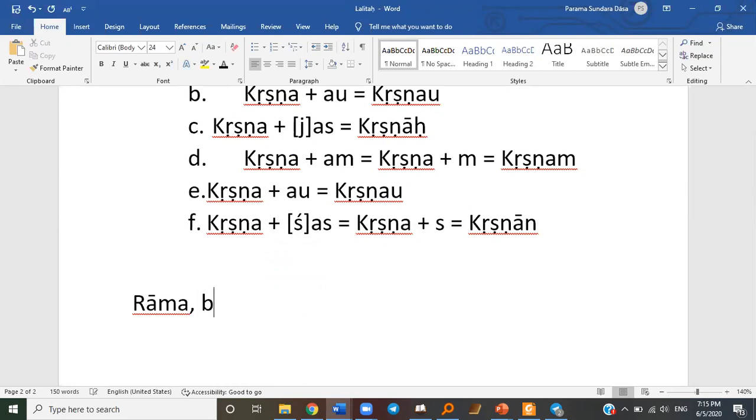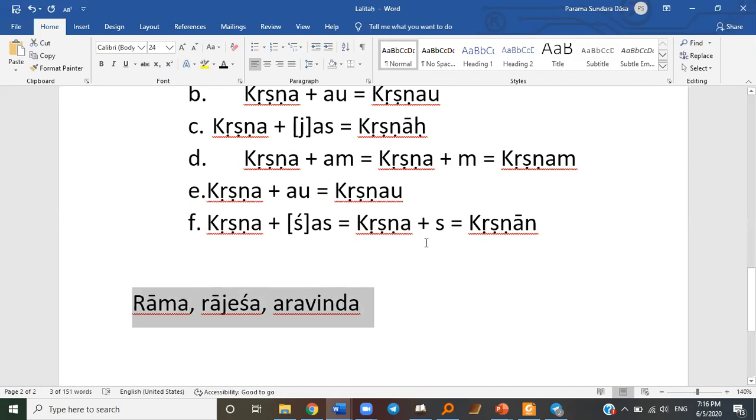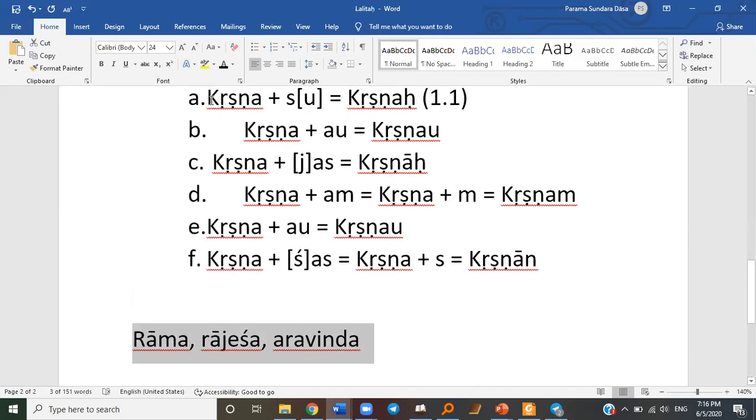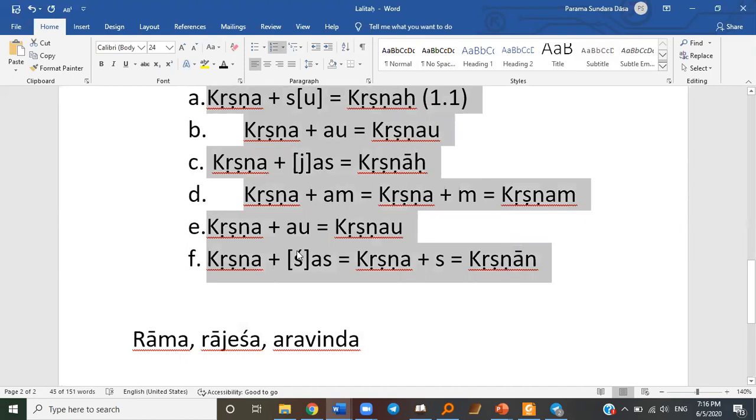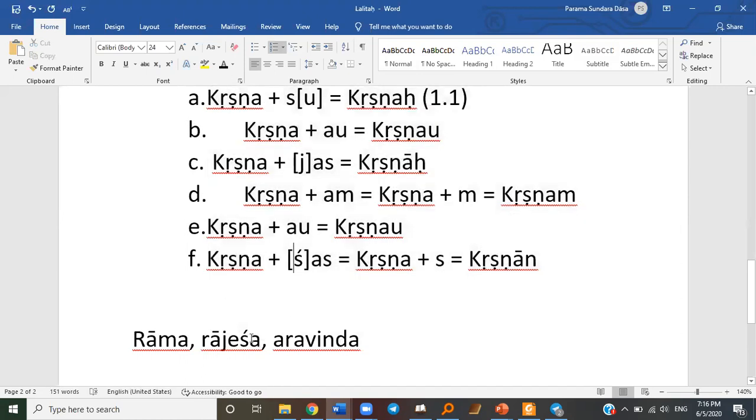Rama, so you have to do these three words the same way. The six vibhaktis, you have to apply to each one of them. Either you can write in a notebook and click a photo and send, or you can do it digitally and send.